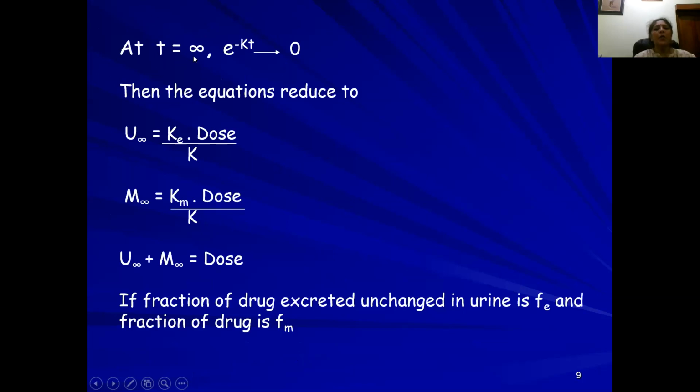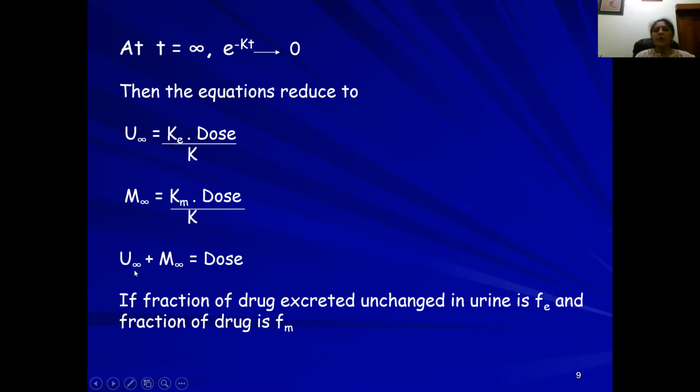Now at t is equal to infinity, e to the power of minus Kt becomes equal to 0. Then the previous equations reduce to U infinity is equal to Ke into dose divided by K, and M infinity is equal to Km into dose divided by K. Now U infinity plus M infinity is equal to dose.